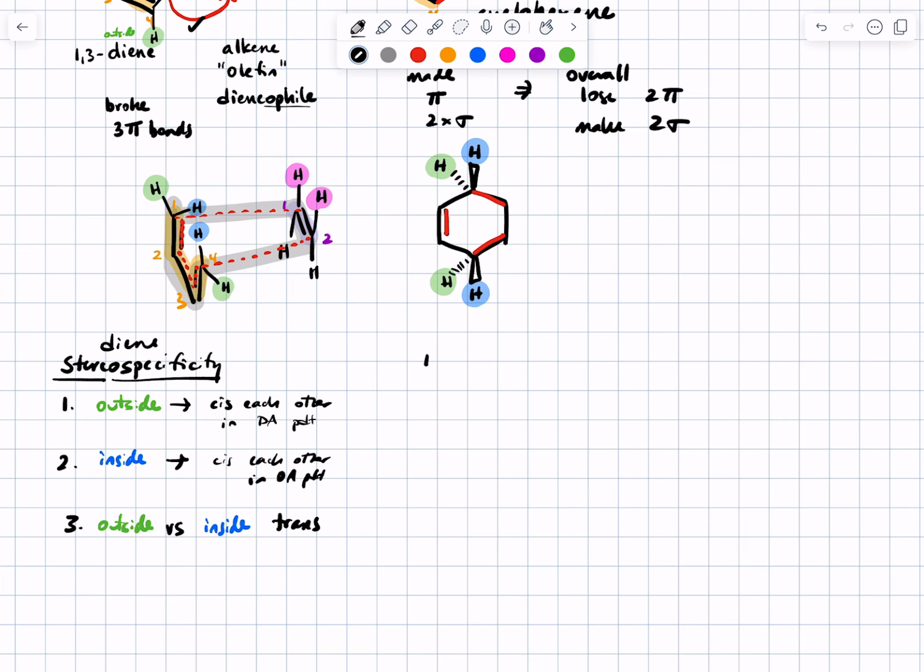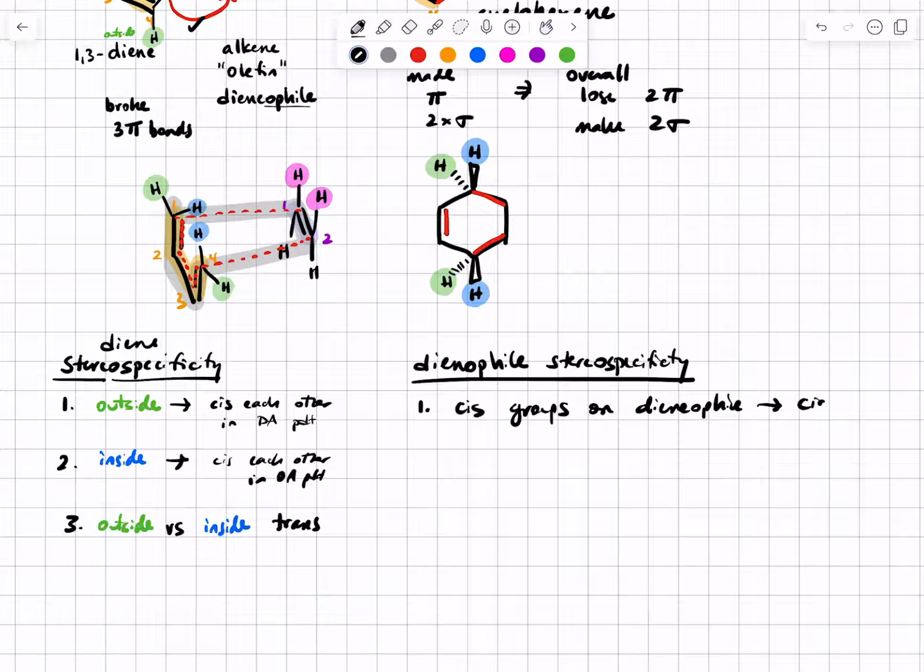Now, there is an element of stereospecificity related to the dienophile. And that is cis groups on the dienophile have to be cis in the Diels-Alder product, and trans groups have to be trans in the Diels-Alder product.